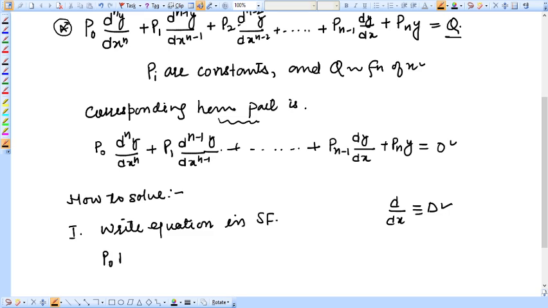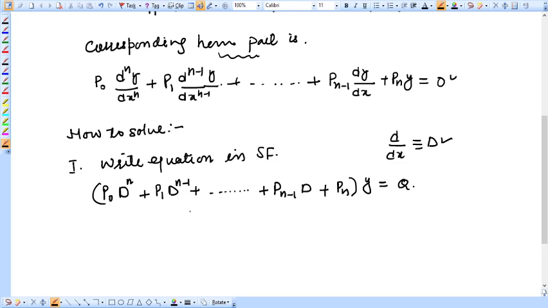So the symbolic form is p0 D^n plus p1 D^(n-1) plus p2 D^(n-2), and so on, plus p(n-1) D plus pn, with y outside the bracket, equal to q.